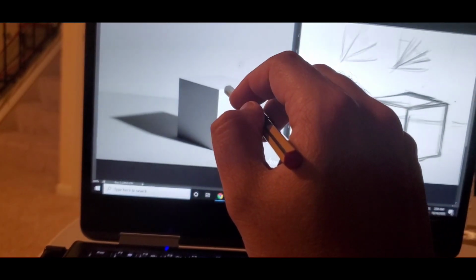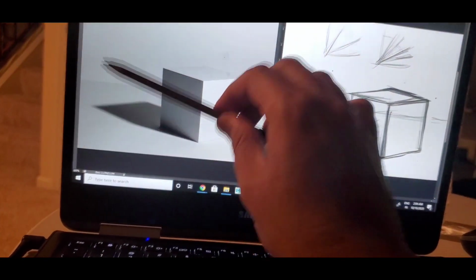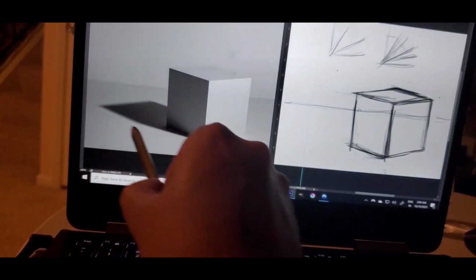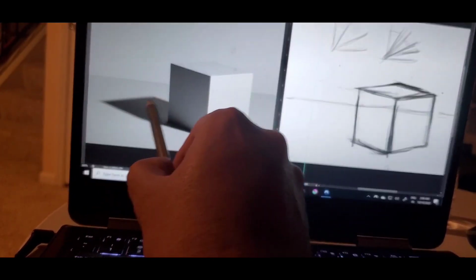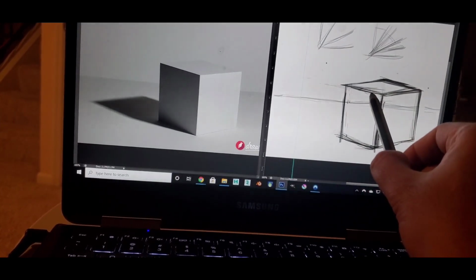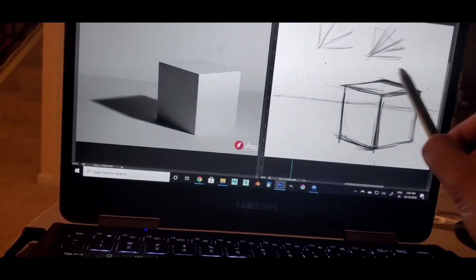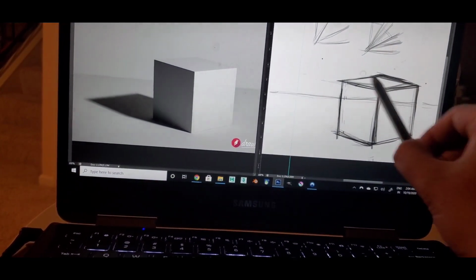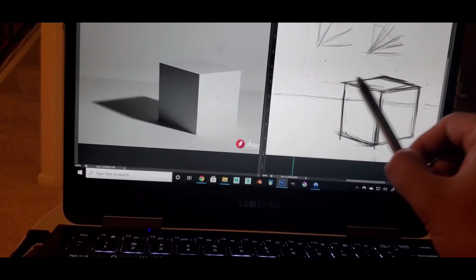Okay, and these lines are again going and meeting the same vanishing point as these edges. This line will go and meet the same vanishing point as per these edges.